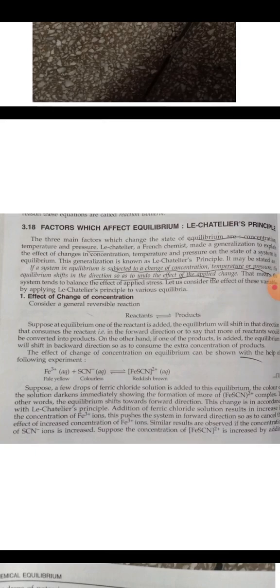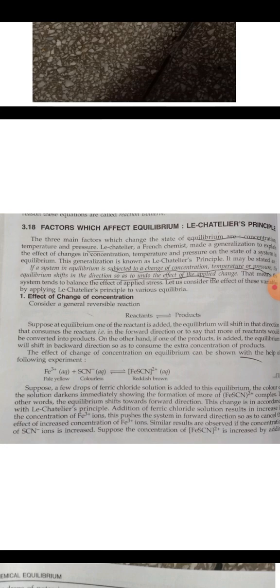First is the factor that affects the state of equilibrium: concentration. We can either change the concentration of reactant or the product, and accordingly the equilibrium shifts in either direction, that is in the forward direction or in the backward direction.